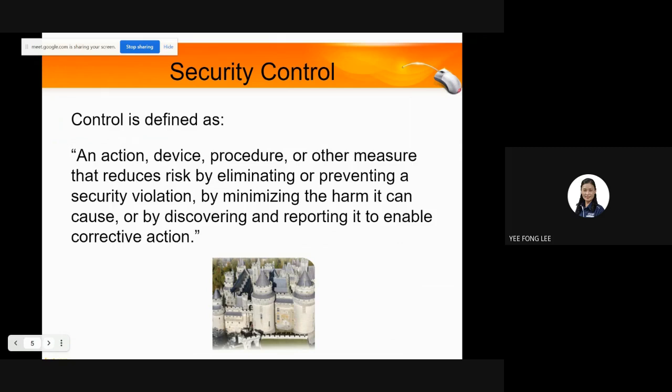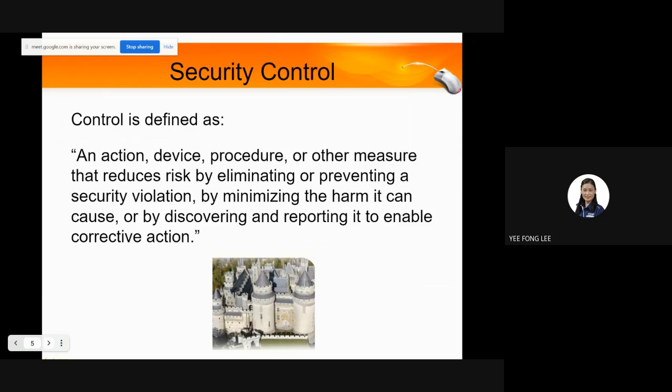So a risk assessment on an organization's IT system might identify which areas need to be treated. So the next step, as shown in the previous diagram just now, a suitable control needs to be selected to overcome the type of risk encountered by the organization.